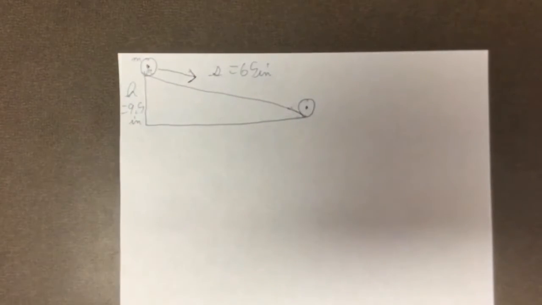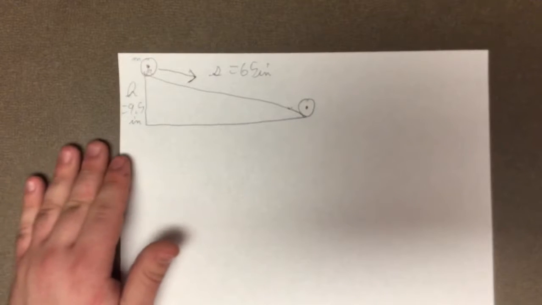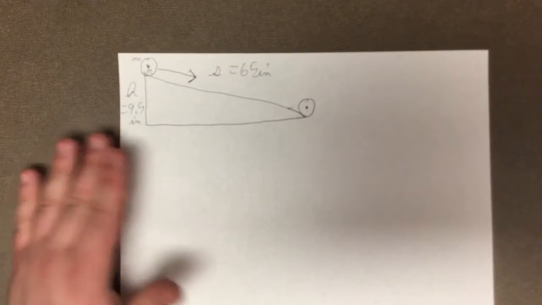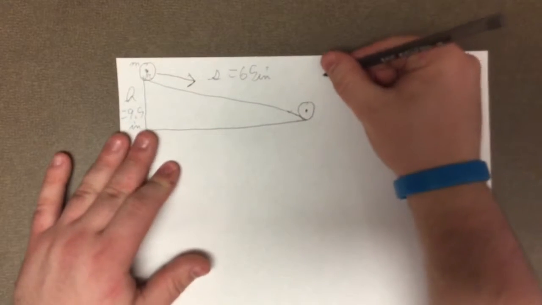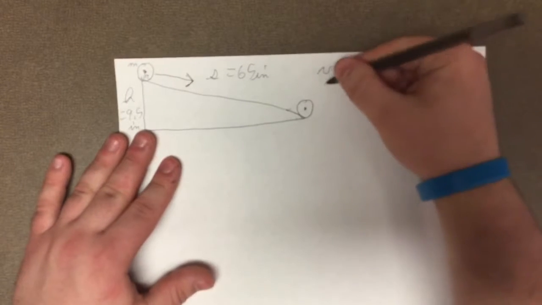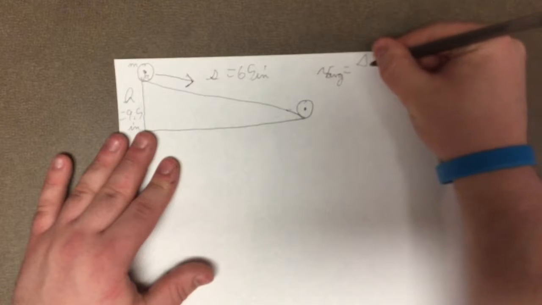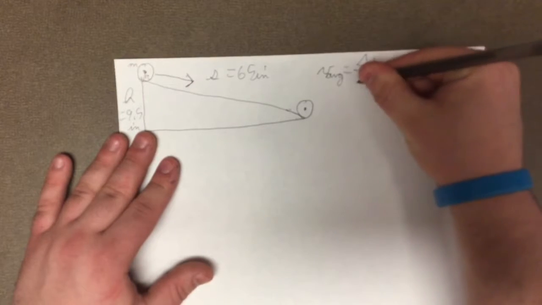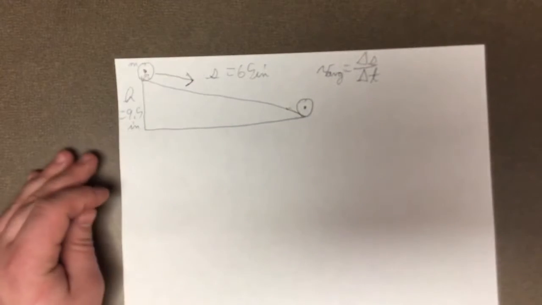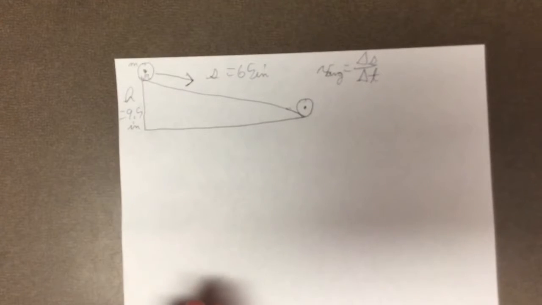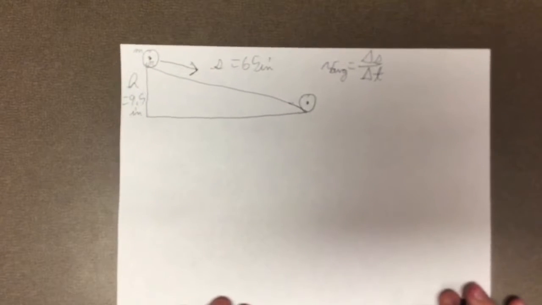Now, the main equation we're going to be using to solve this is we need to figure out the average velocity of the system, because the average velocity, one of the definitions for it, is V average equals delta S over delta T. And delta S in this equation is talking about how far the cylinder travels.